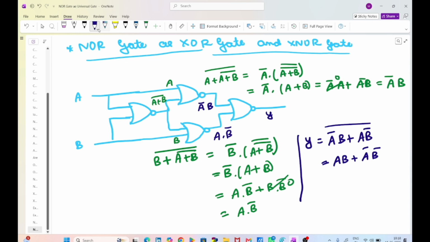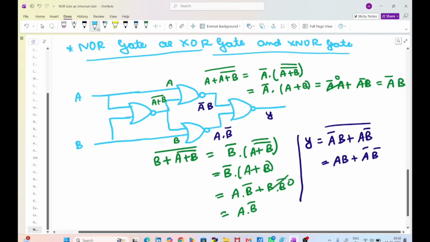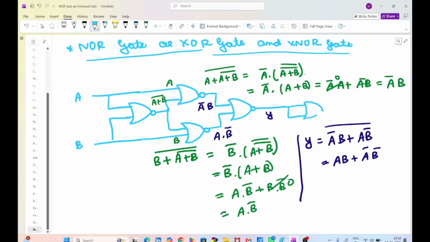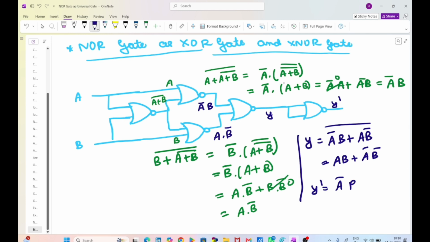Next, let's write the inverter, that means the NOT gate, to this. That will become the XNOR gate. Let us consider this as Y bar. Then Y bar will become A bar B plus A B bar.